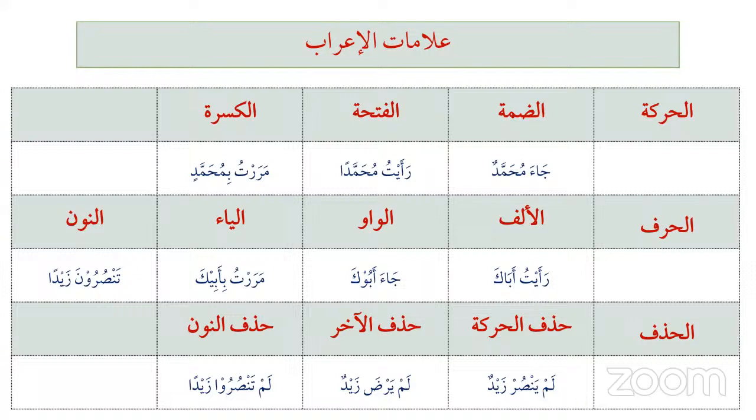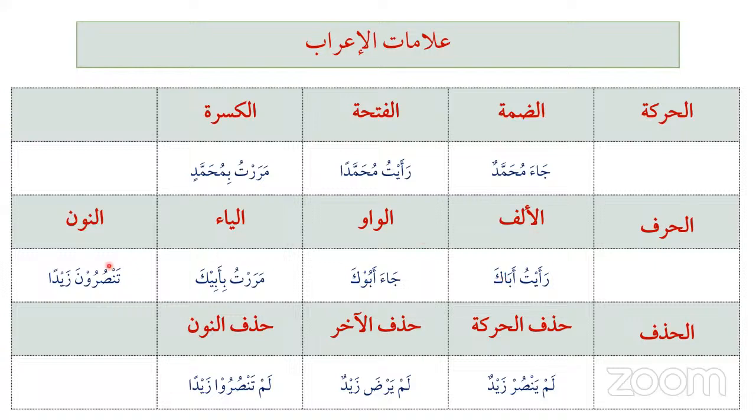So, in a nutshell, the signs of the i'rab are either the harakat, dhamma, fatha, kasra: muhammadun, muhammadan, muhammadin. The sign can also be a harf: abaka, abuka, and abika, so alif, waw, ya.